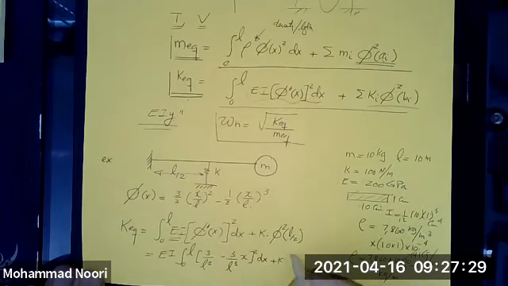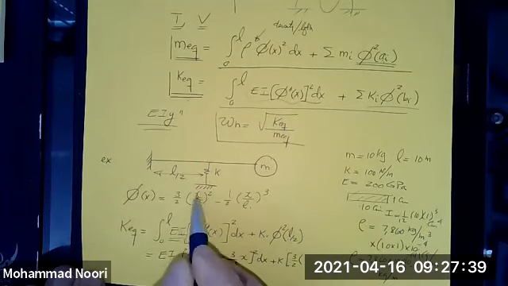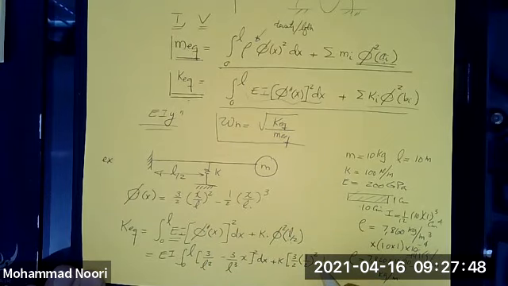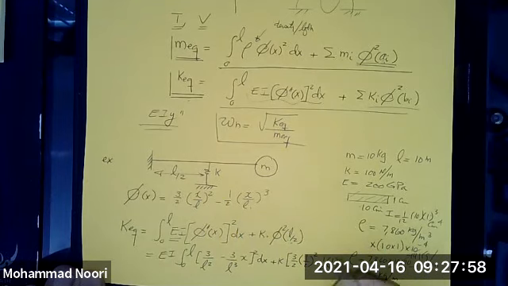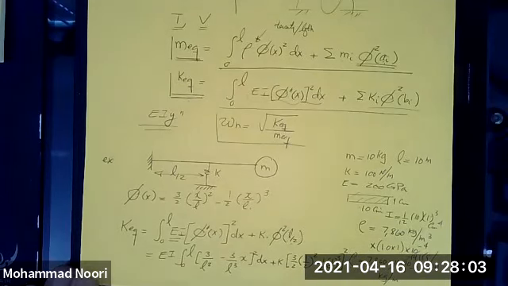You will get something like 3 1/2 times... since this is L over 2, L and L cancel out. So you just have 1/2 squared minus 1/2 of, again, L over 2. So L and L cancel out. 1 over 2 cubed, and square root that.